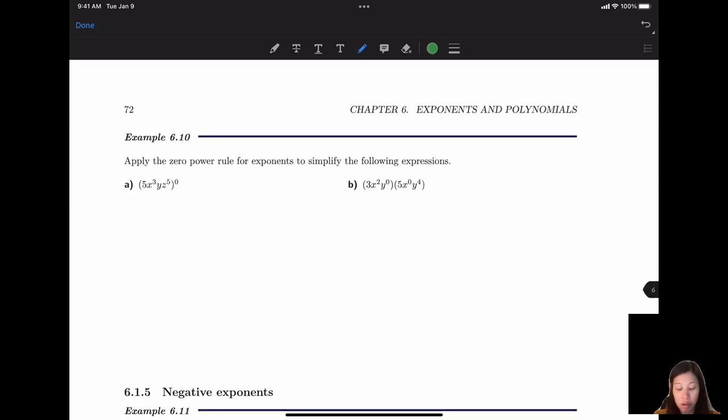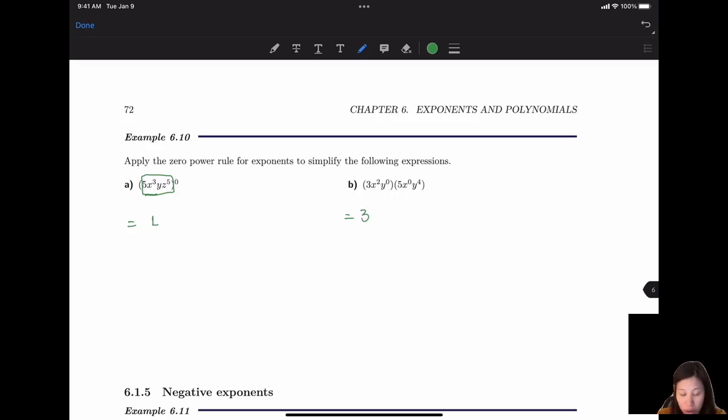Apply the zero rule to simplify that. Maybe try to pause and do it by yourself. We don't care whatever is inside, as long as it has a 0 power, this equals 1. Similar to here, we simplify everything inside the parentheses first.